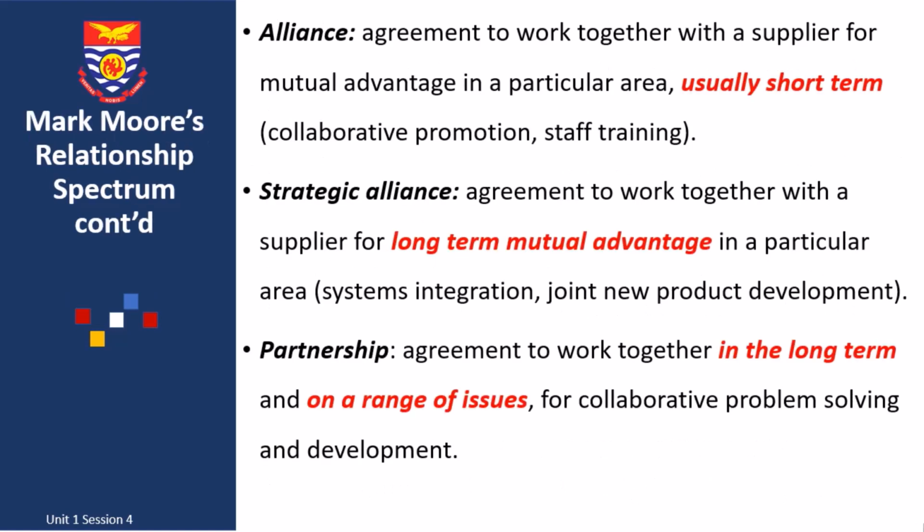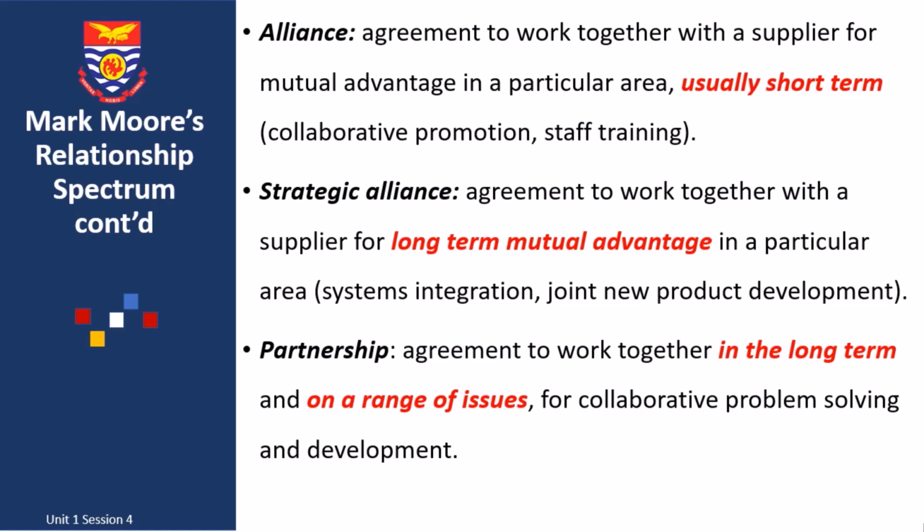Then we have alliance, which is a short-term agreement to work together with the supplier for mutual advantage. Then we have the strategic alliance, which is more long-term in nature, to agree to strategically work together and develop in a given area. It can be seen in systems integration, joint new product development, among others.